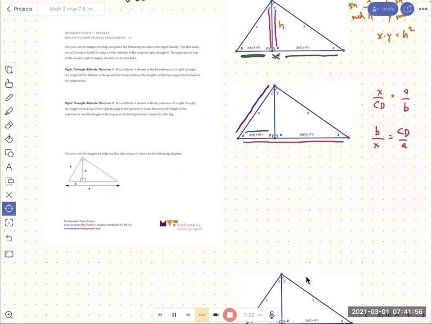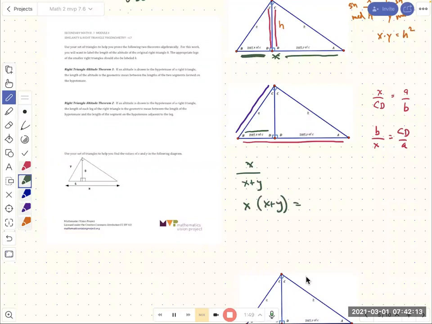It looks like you're trying to show the relationship between X and X plus Y, that X times X plus Y equals A squared.